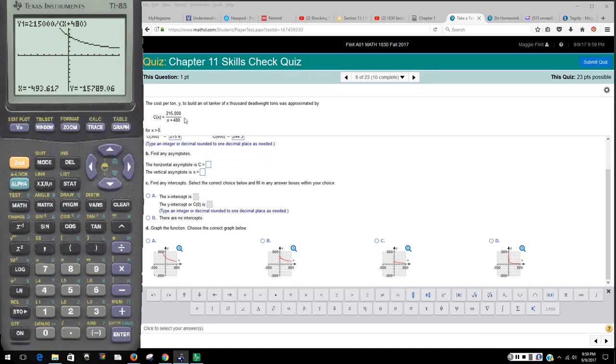If you'll notice your denominator, your vertical asymptote is always going to be when the denominator is equal to 0. And your denominator is going to be equal to 0 when x is negative 480.